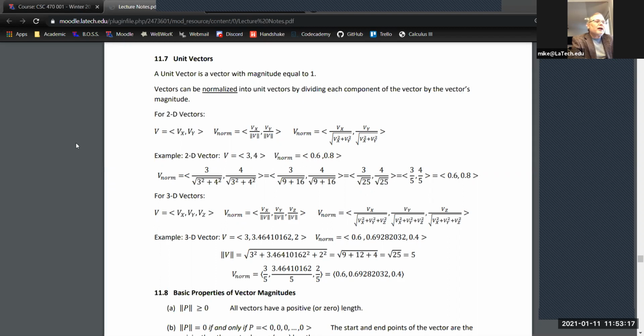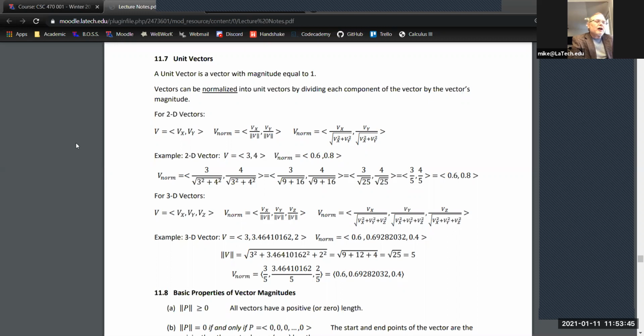So let's say that we had the vector 3, 4, okay? And we want to normalize it. We want to turn it into a vector with exactly the same direction, but a length of only 1. Well, how would we do that? First we need to compute the magnitude of the vector, and we've already done that. 3 squared plus 4 squared is 9 plus 16.